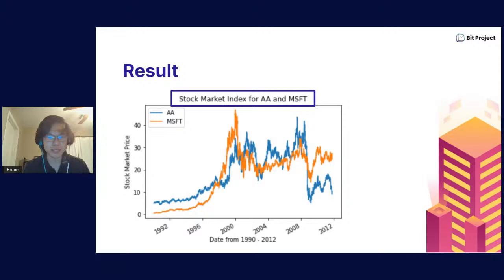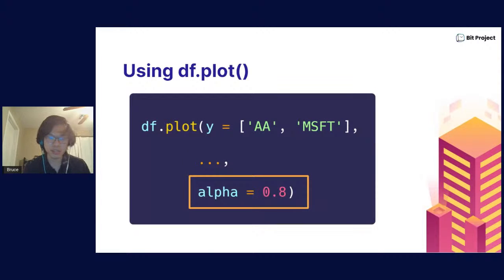If we don't want to deal with that, we can make the line a little bit more transparent. And the way that we do that is just that we pass in a parameter alpha. Alpha should be a number that goes from 0 to 1. The closer to 1 it is, the less transparent it is. The closer to 0 it is, the more transparent it is. 0 is fully transparent. Don't set it to 0. Or do, but you wouldn't see anything.